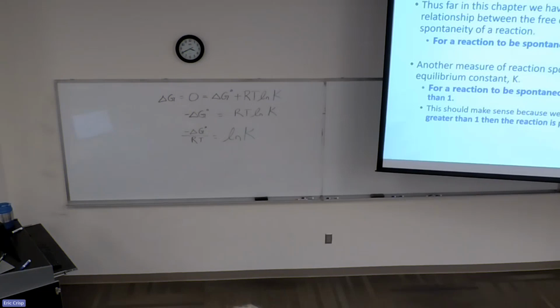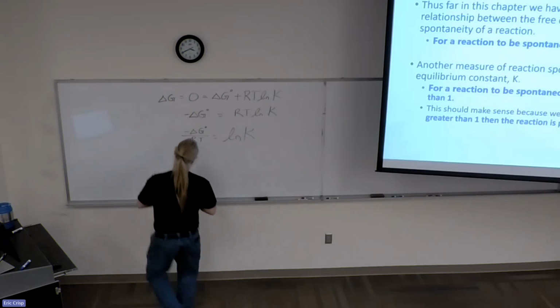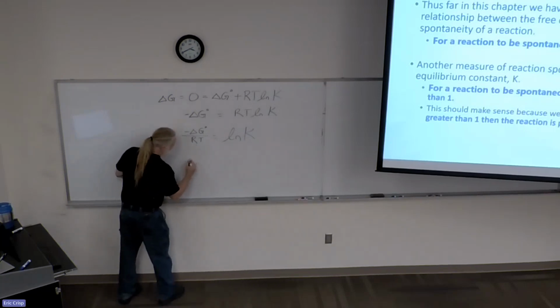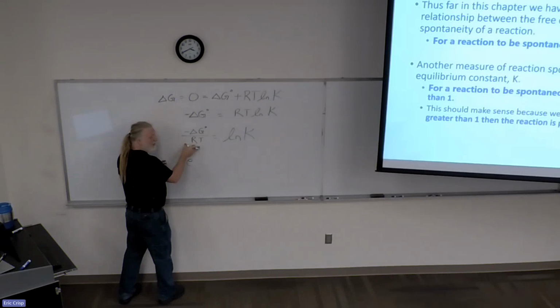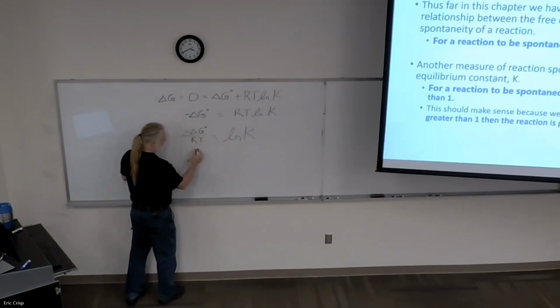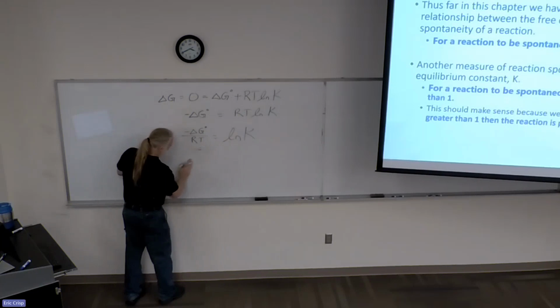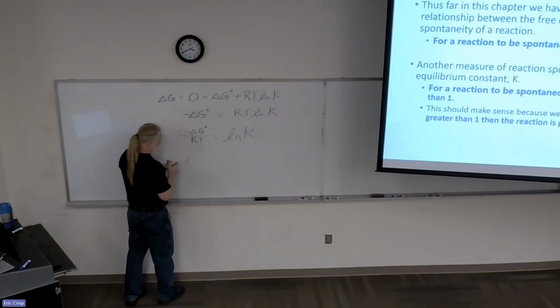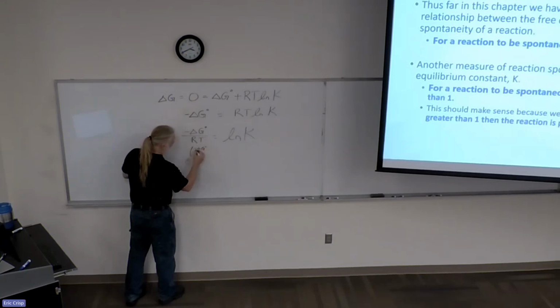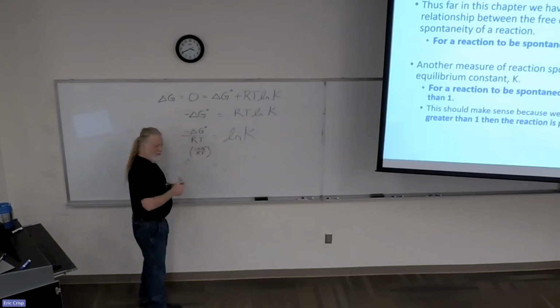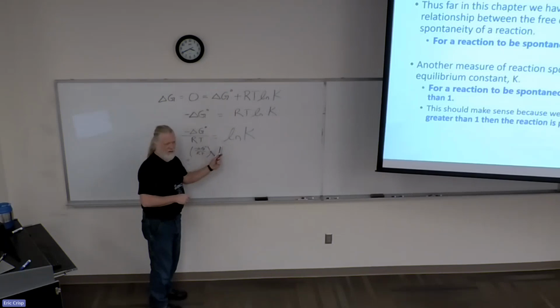It's Euler's constant, which is spelled with an E. So raise E to both sides. It gets rid of the ln part. I'm going to put the E in blue, because that's what we're doing. So E raised to negative delta G naught over RT is equal to E raised to the natural log K.